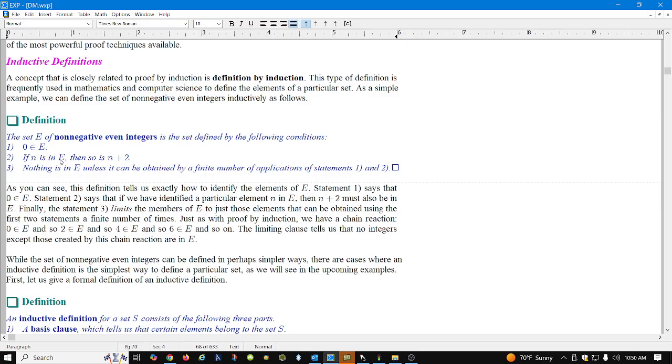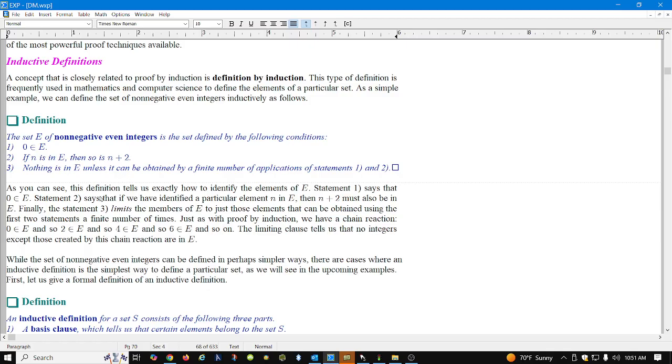Statement 2 is what creates this chain reaction that we've been talking about. If 0's in E, then you add 2, so 2 is in E, and therefore 4 is in E, and therefore 6 is in E, and so on. The third clause tells us basically that if an integer is not created by the chain reaction, it's not in E. Just because you say what's in E doesn't mean you've said what's not in E, and that's important to understand.